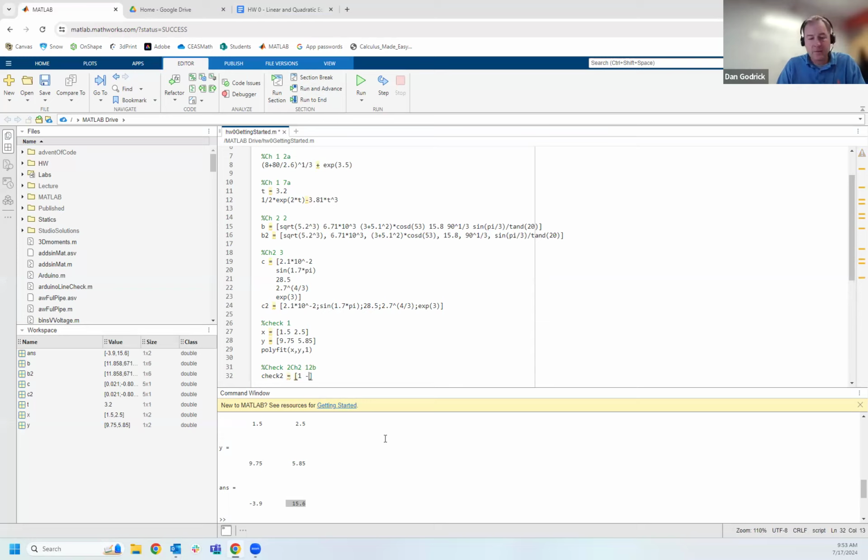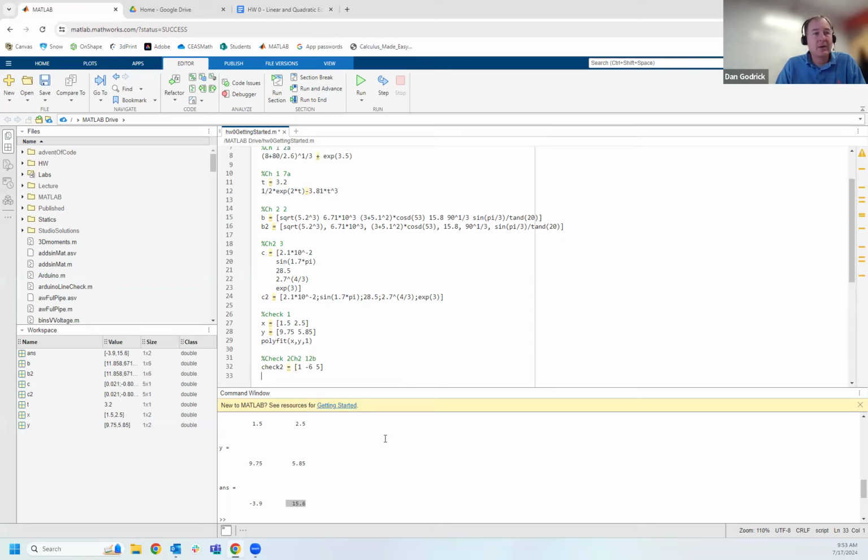We know earlier that we should see that the answer is 1 and 5. We just type in roots, check 2. Let's see what we got. Look at that, 5 and 1.